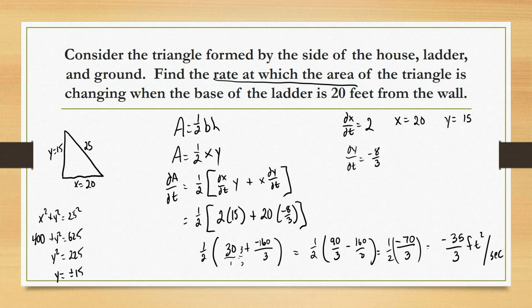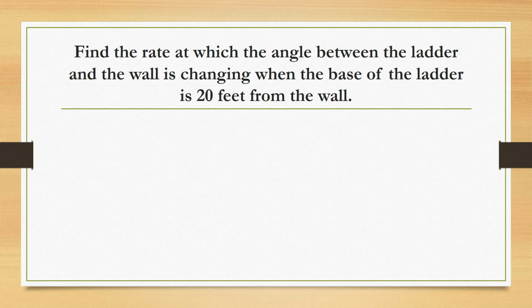Now, the last part of this problem is arguably the most challenging. Find the rate at which the angle between the ladder and the wall is changing. So here we're talking about the angle between the ladder and the wall. We're going to call that theta. This is x, this is y, this is 25. We know that x equals 20.